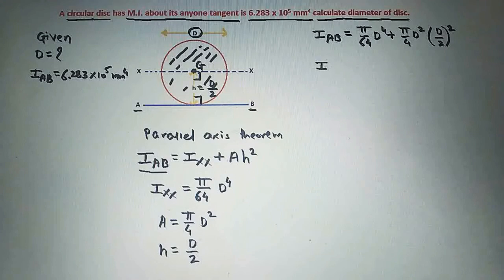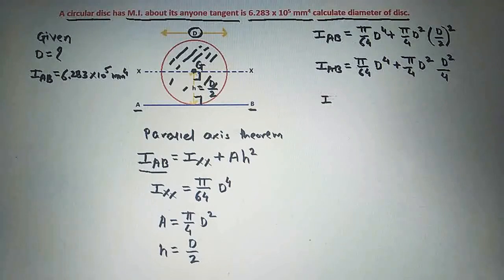Then IAB is equal to pi by 64 d raised to 4 plus pi by 4 d square into, this will be d square by 4 here. Then IAB is equal to pi by 64 d raised to 4 plus pi divided by 4 into 4, that is 16, and d square into d square, d raised to 4 here.